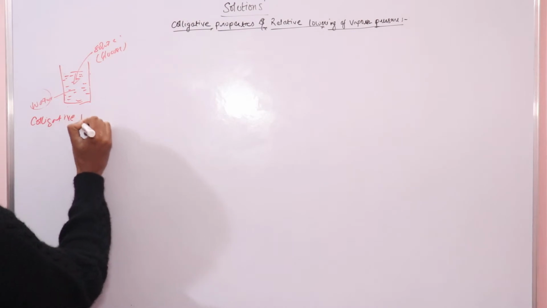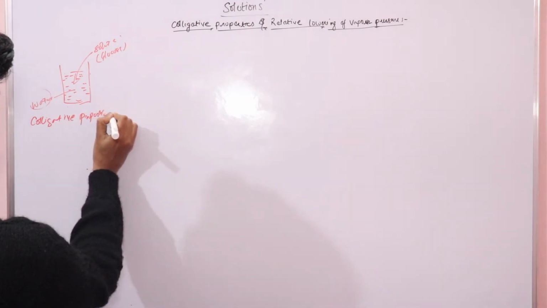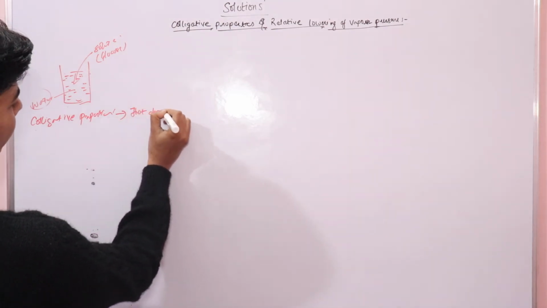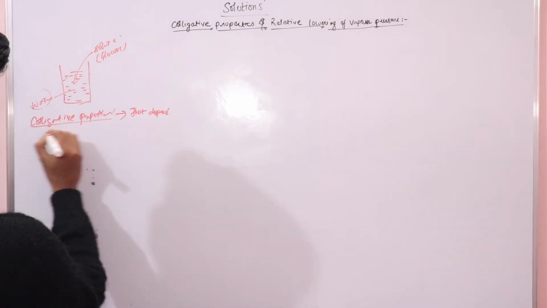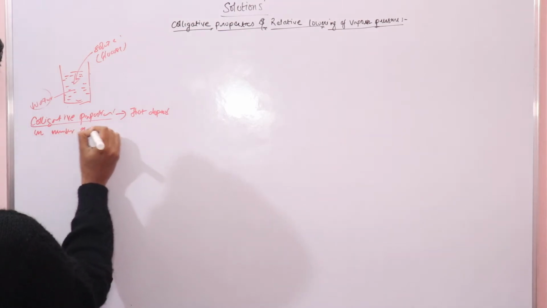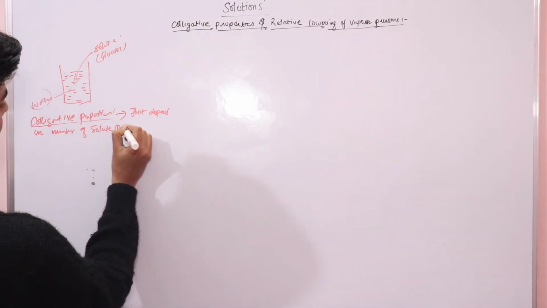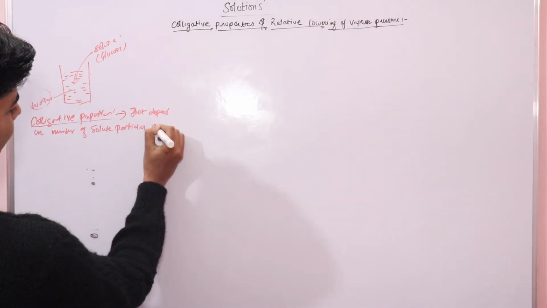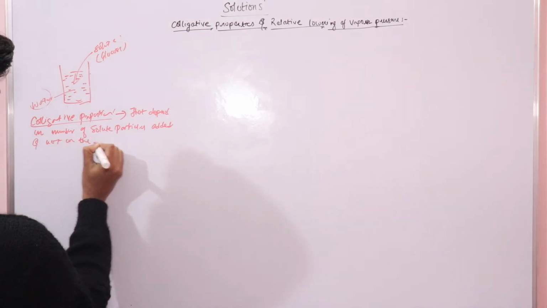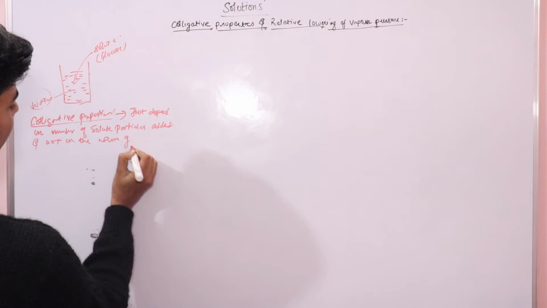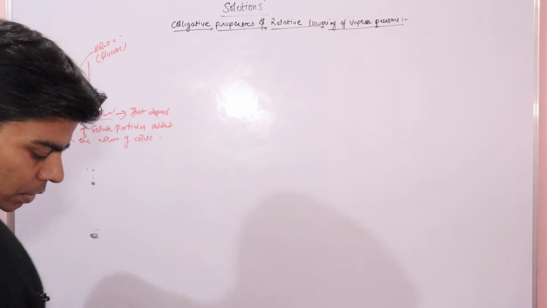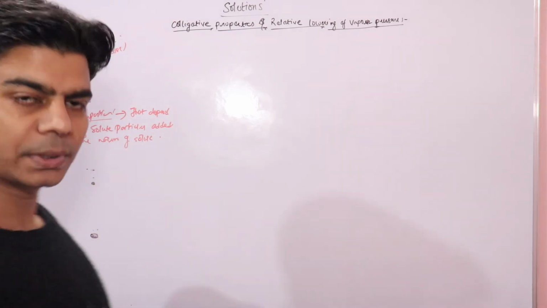Colligative properties are properties that depend on the number of solute particles added and not on the nature of the solute. We will do these colligative properties in detail.